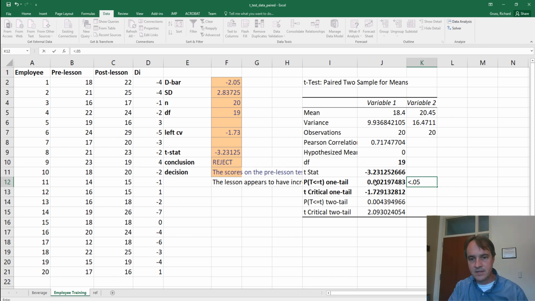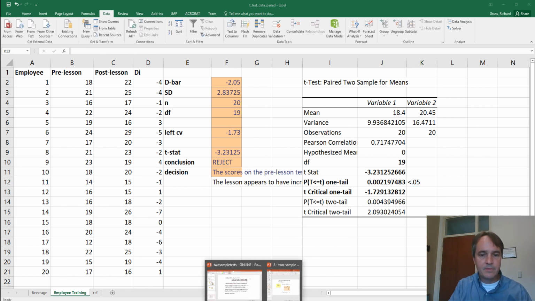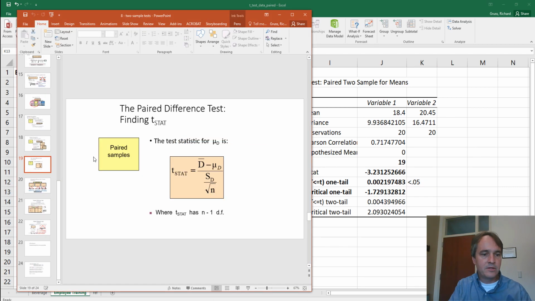So this one tail p-value would tell us that we can reject at a 0.05 significance or alpha.